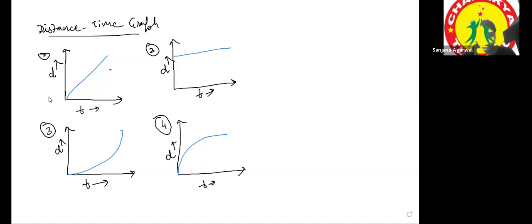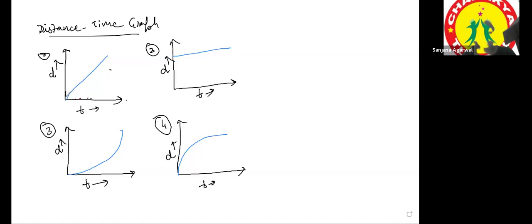Now let me tell you how to read the graphs. I have not taken any values on these so that in general you can have a good idea. Time is on the x-axis, and time always increases by successive intervals. Look at the blue lines, which are different.